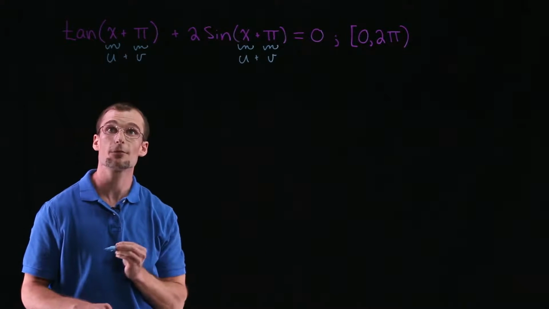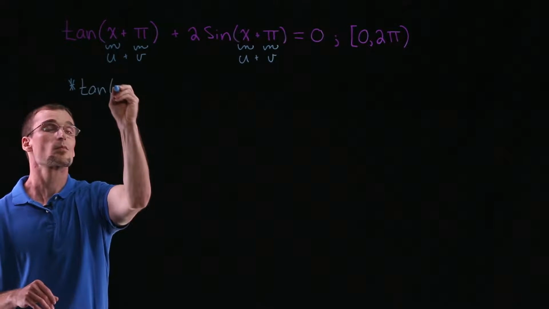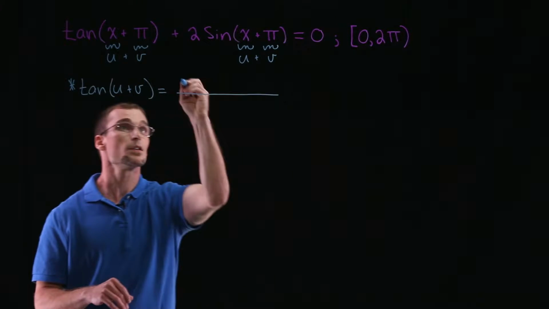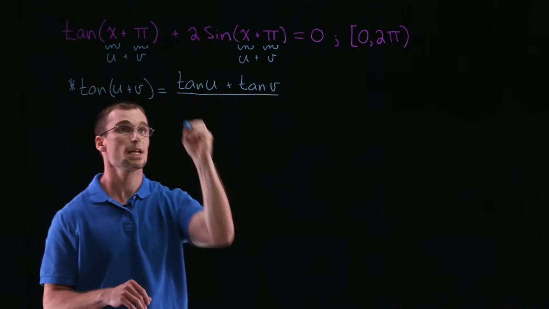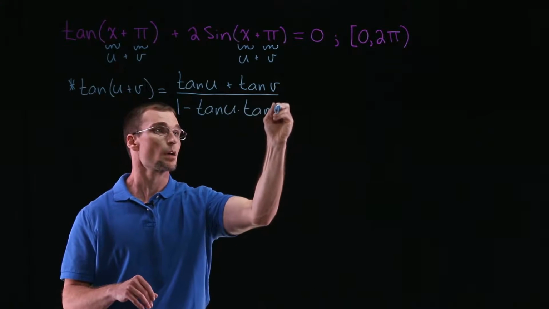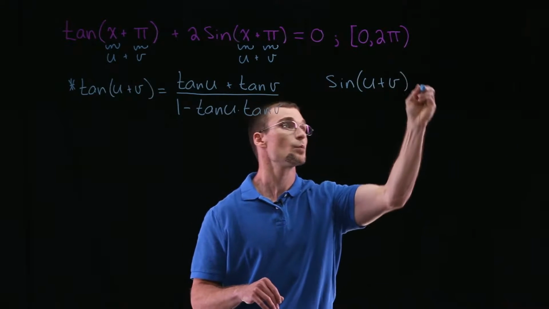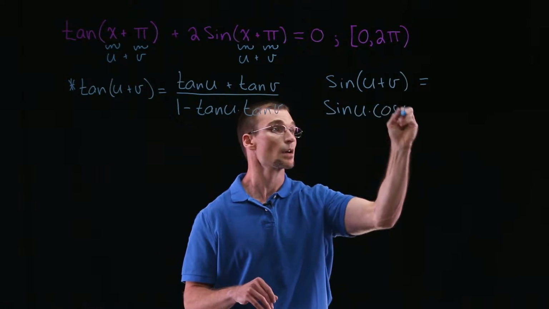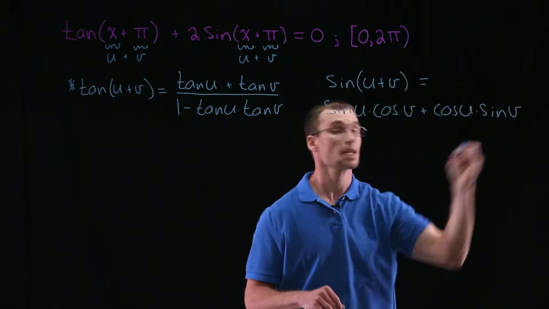So we can use our sum and difference formulas, namely, the tangent of u plus v is equal to the tangent of u plus the tangent of v divided by 1 minus the tangent of u times the tangent of v, and the sine of u plus v is equal to sine u times cosine v plus cosine u times sine of v.